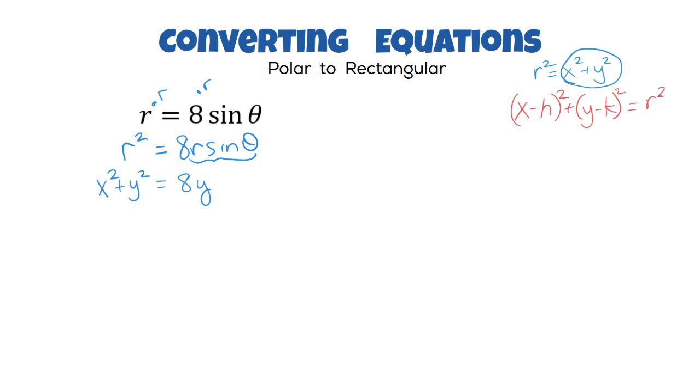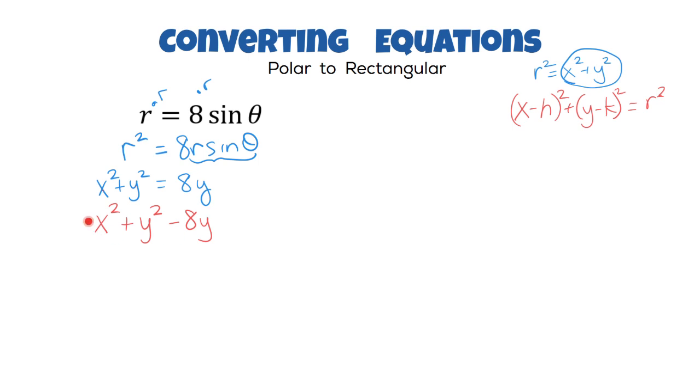And so what I need to do is subtract my 8y over. So it's going to look like this. x squared plus y squared minus 8y. And I should have told you to write little here because this is a kind of longer problem. What we have to do to get this equation into this format is complete the square. This is what you would have done in college algebra.